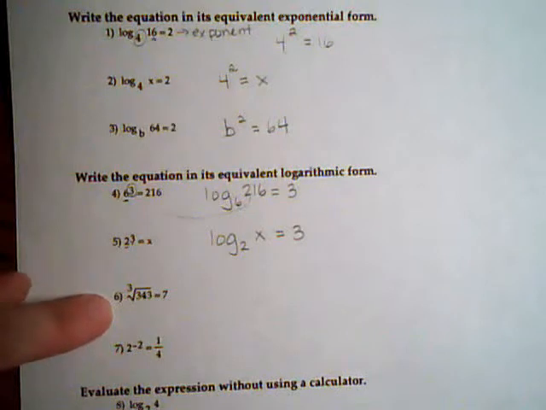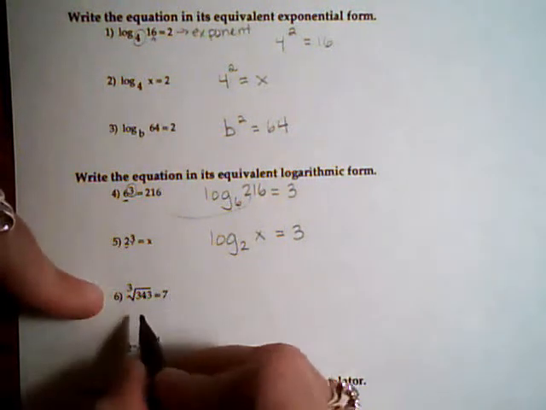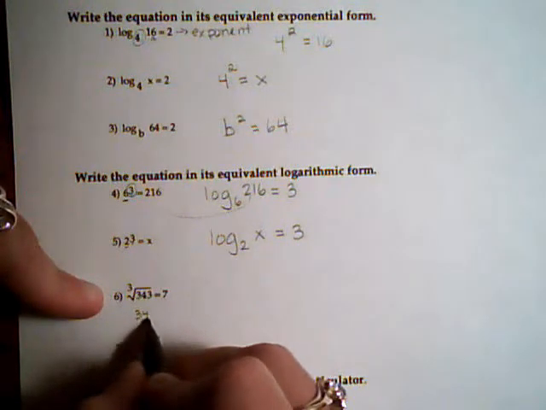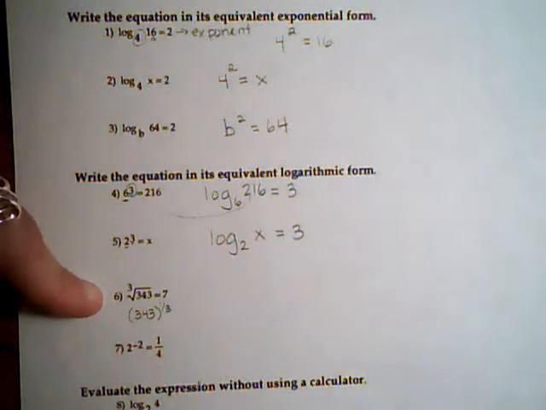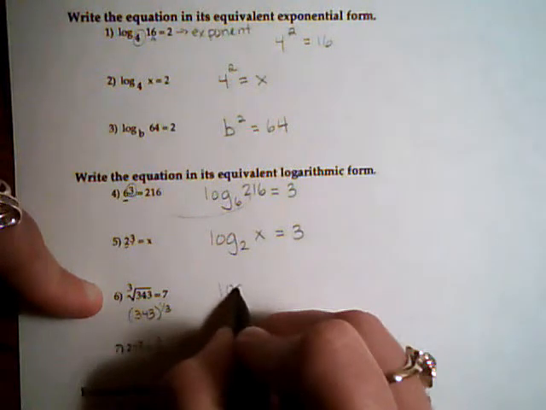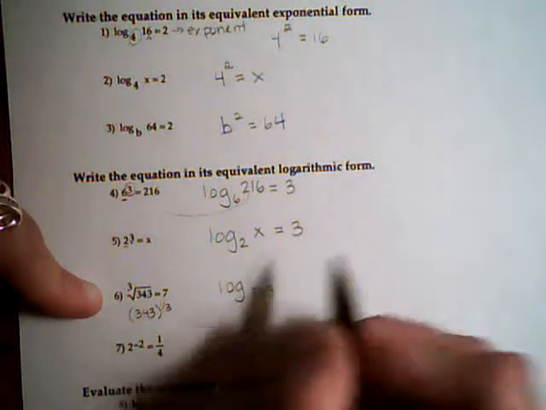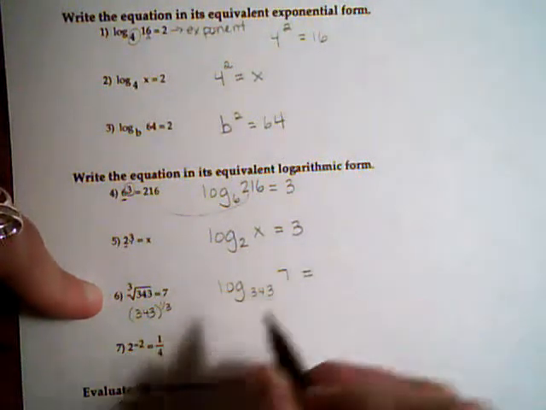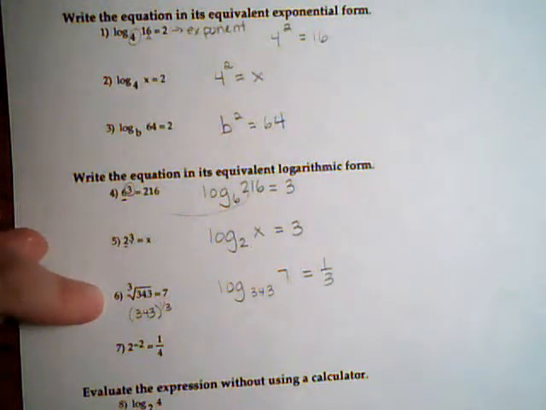When you have radicals, it helps to remember that you can convert between a rational exponent and a radical form. The cube root of 7 is the same thing as saying 7 raised to the 1/3 power. So again, my base is 343, log base 343 of 7 is equal to 1/3, always equal to your exponent.